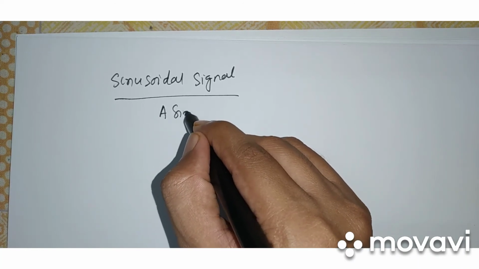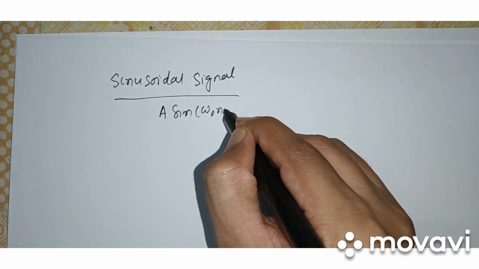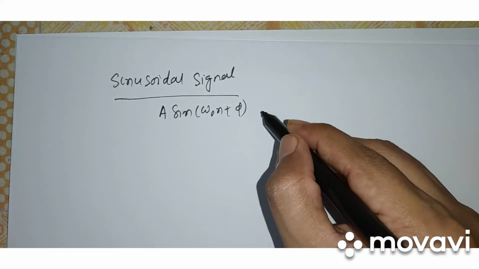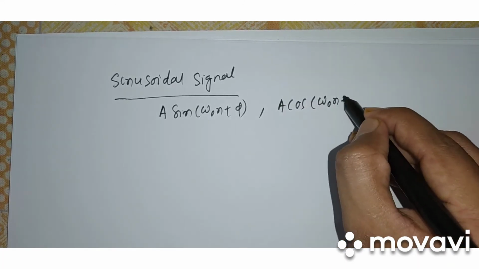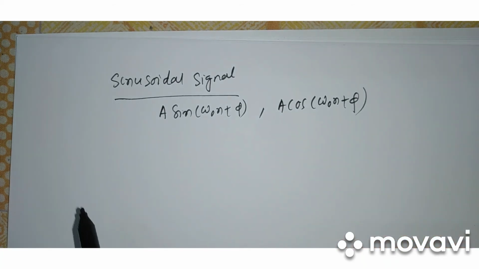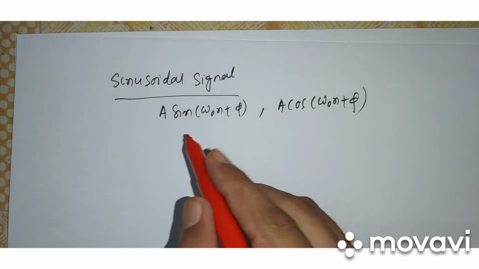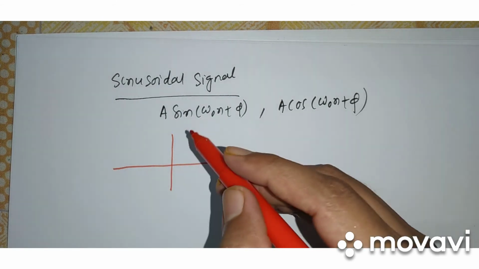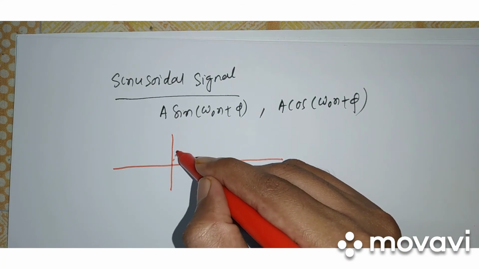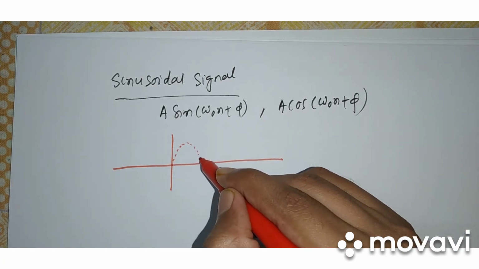A sine of omega 0 n plus phi, or you can write a cos of omega 0 n plus phi. The plot you already know, it's not difficult. Let me take phi equals 0. If you take phi equals 0, then this is the plot we will get for sine.